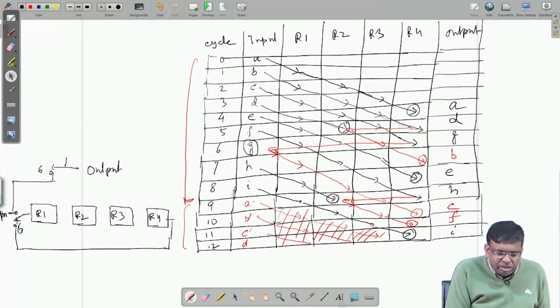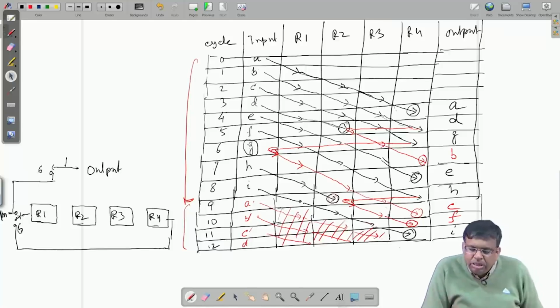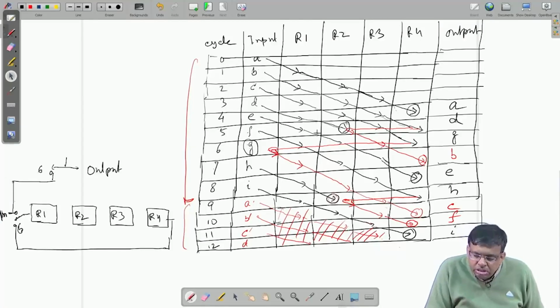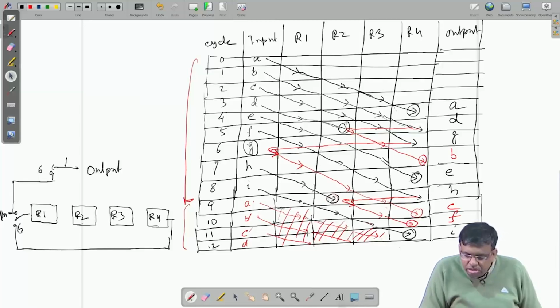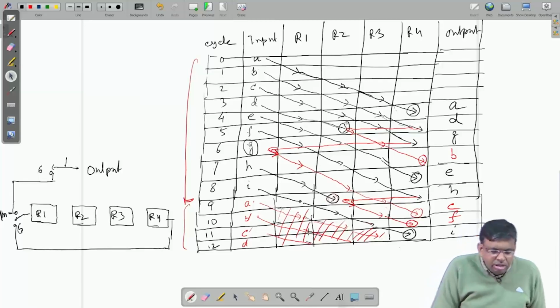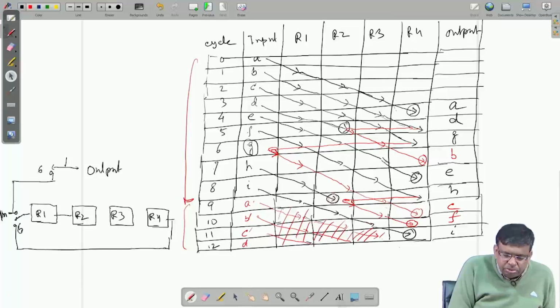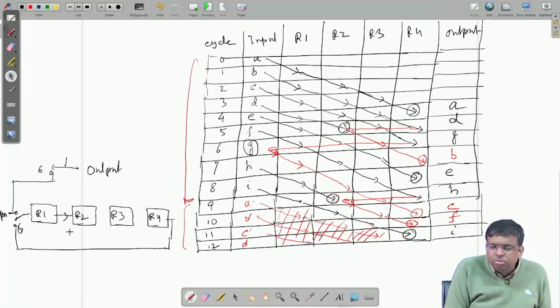But in all other cycles it touches input line. So, input goes to the R1 input. R1 input you can see is always going to R2 input. Look at these, here, okay. That means R1 to R2 there is a permanent connection. Whatever be there in the R1 output, that will always go to R2 input.